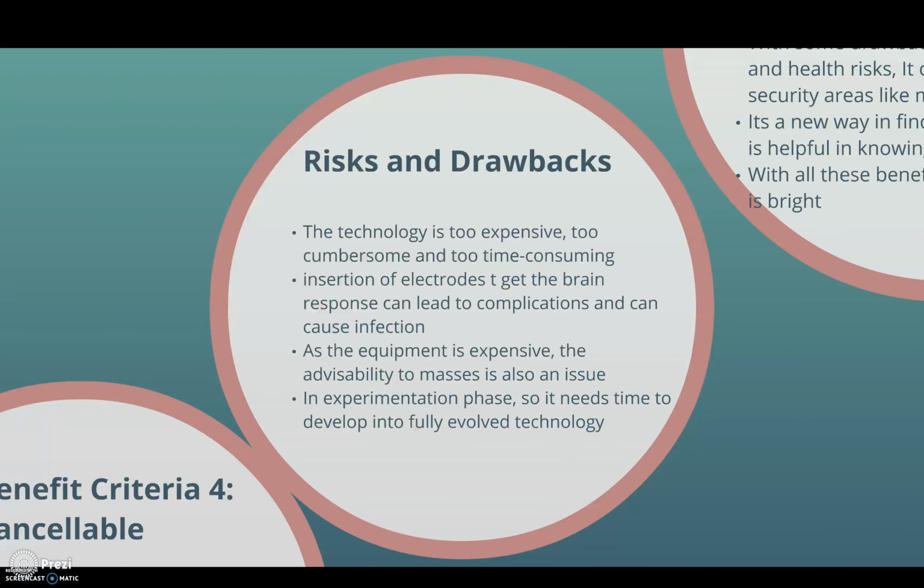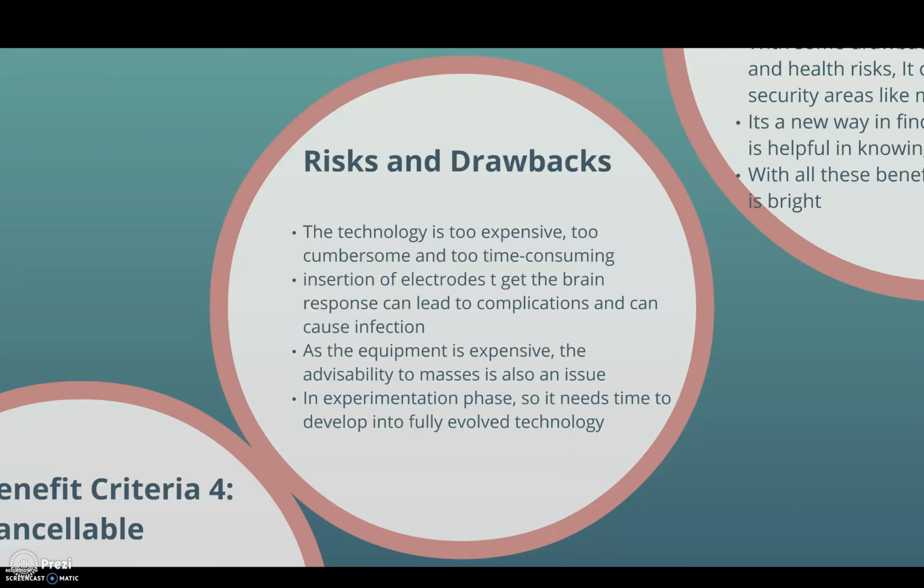Along with various benefits, since this methodology is still in its developing phase, there are also some risks and drawbacks attached to it. This technology takes hours to record the brain activity, and the equipment used is very expensive and time-consuming. The major disadvantage is the health risk associated with the insertion of electrodes and the scanning process of the brain.